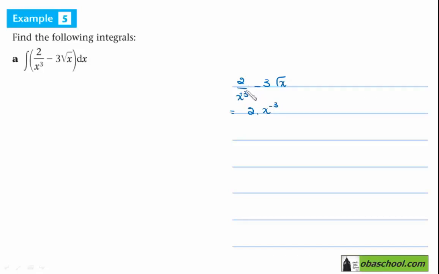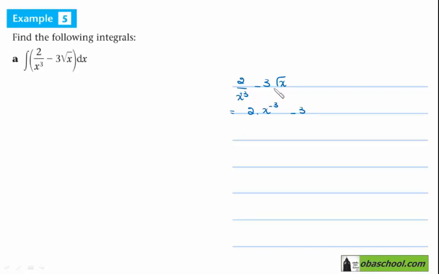This is already studied using the index rules. When we have a positive power in the denominator, it goes up to the numerator and becomes negative. Then minus 3 multiplied by the square root of x.